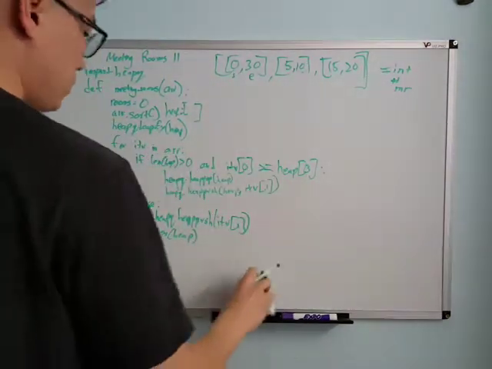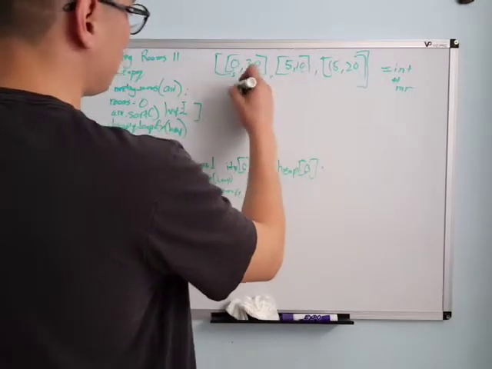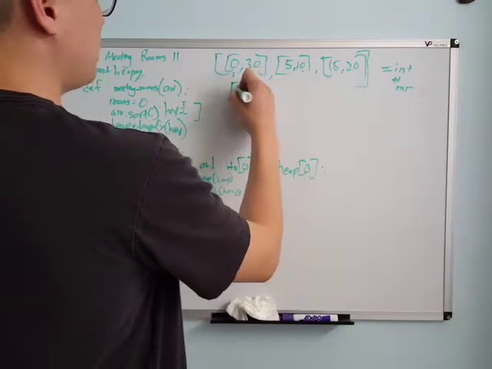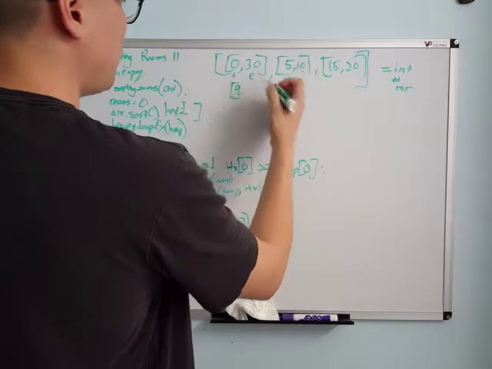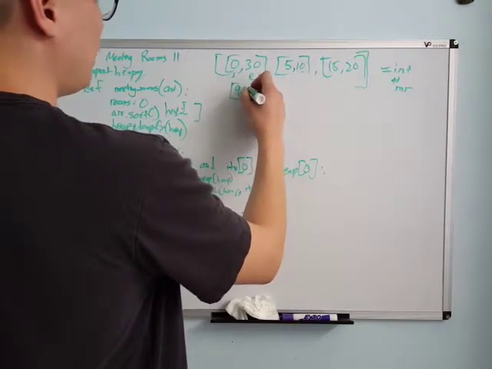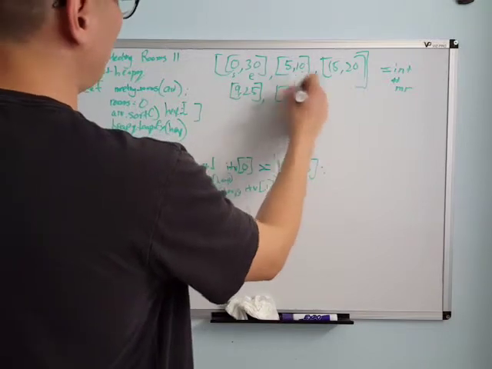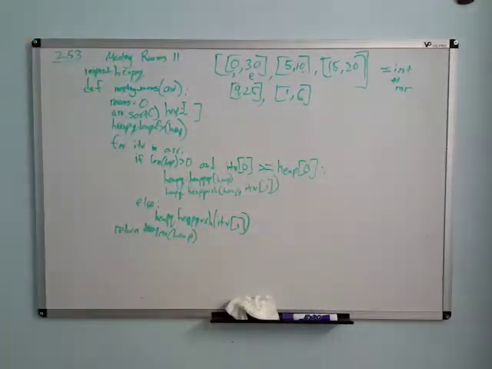And let's see, what example should we use? Yeah, I guess we can just add a few things. Let's do 9 and 25. Then just 1 to 6, something like that, right?